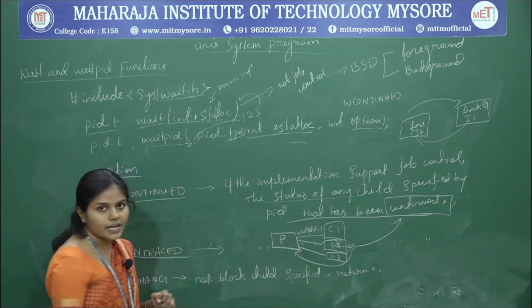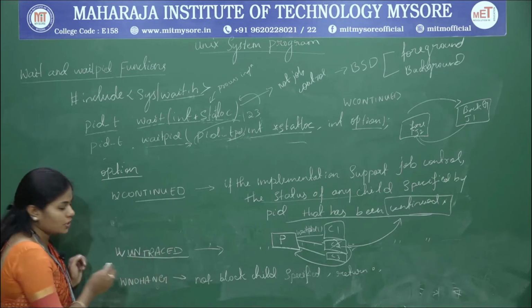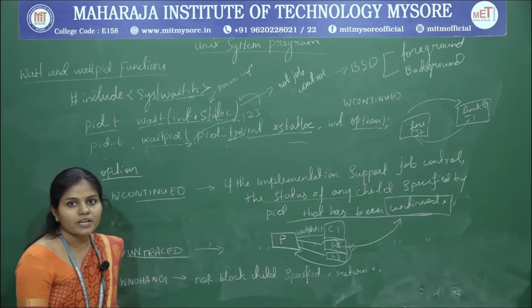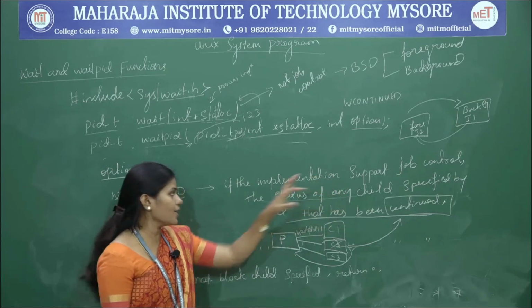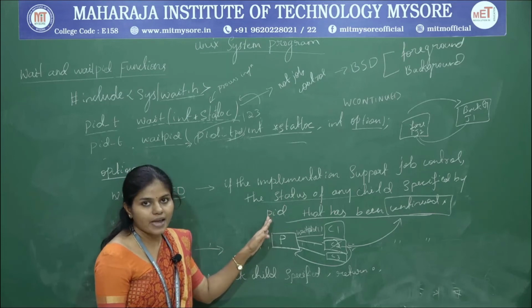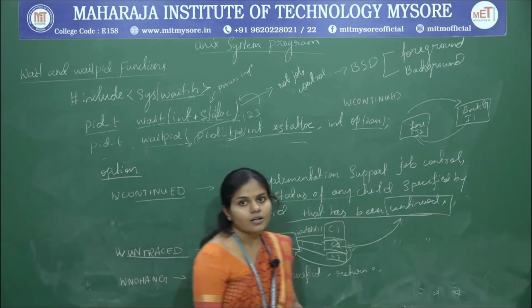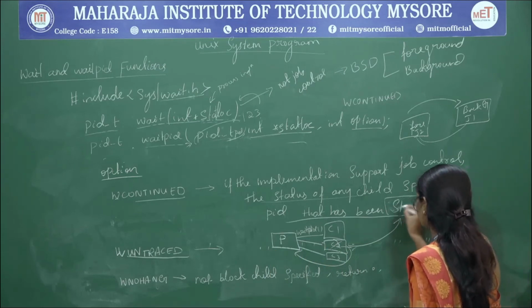Now after that, the second one is WUNTRACED. That means that if the implementation supports job control, the status of the child you specified by the PID is not continued, you have to specify stopped.